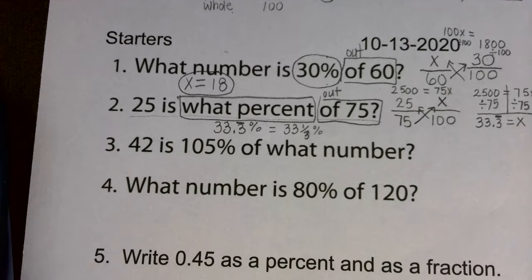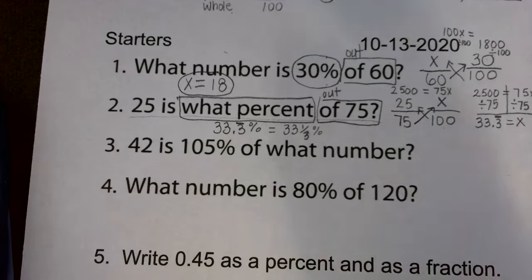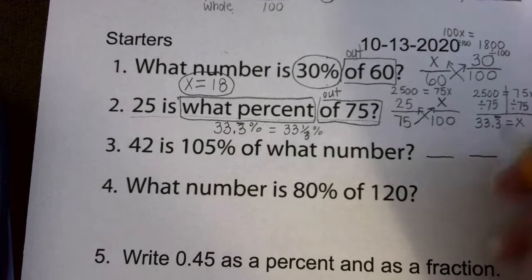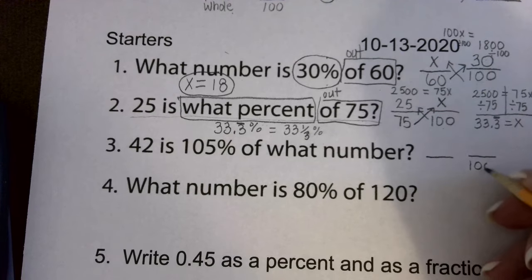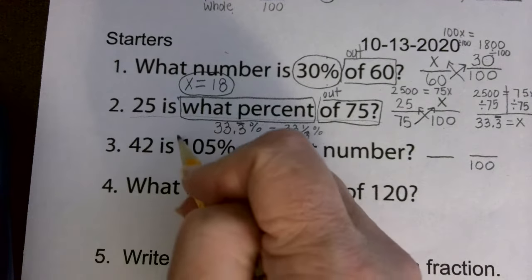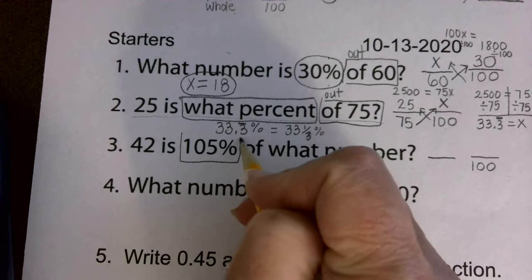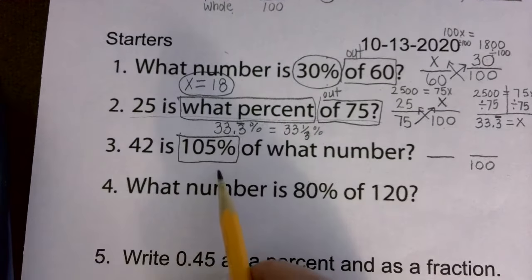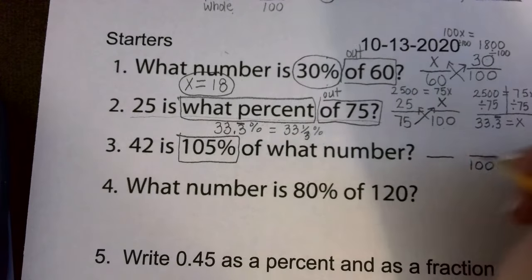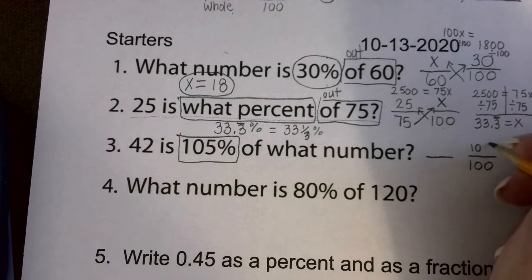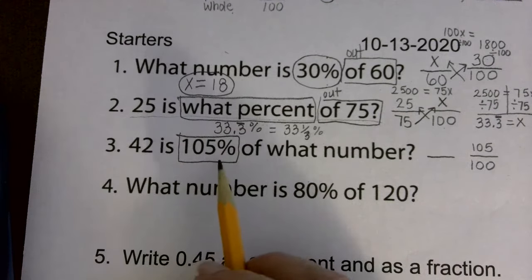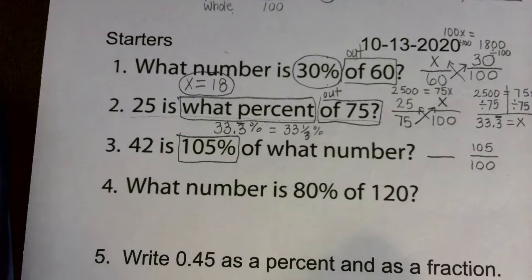All right, then we've got the next one. We have 42 is 105% of what number? So we're setting that up. We put our 100 here. We're looking for a percent sign or for the percent in the problem. And in this one, it says that it's 105%. So we put that number over 100 because 105 over 100 is equal to 105%.